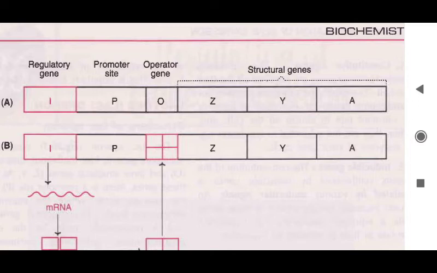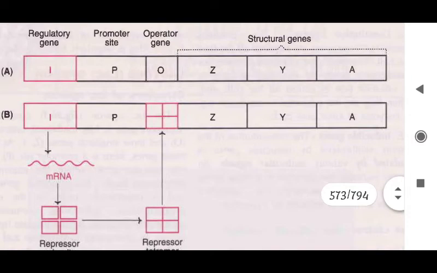It is located somewhere upstream, maybe 100 base pairs away or many kilo base pairs away, and that regulatory gene will produce a regulatory protein. This regulatory protein will interfere with the operator, and the operator acts just like an on-off switch, turning the expression of the genes on or off.